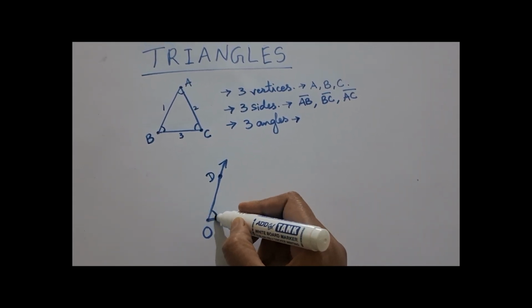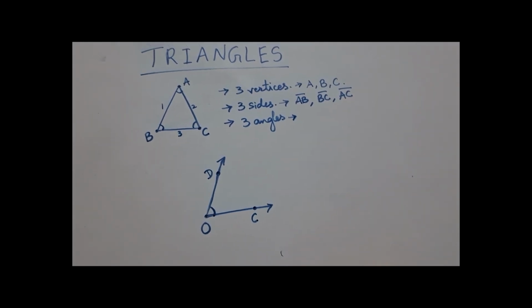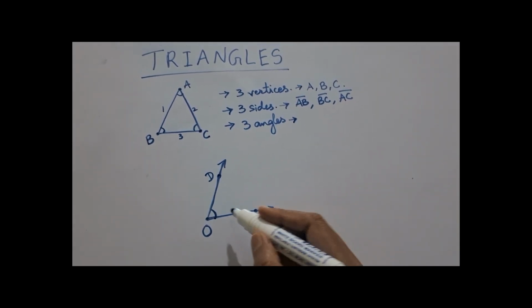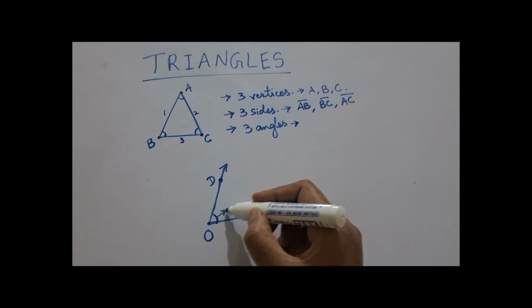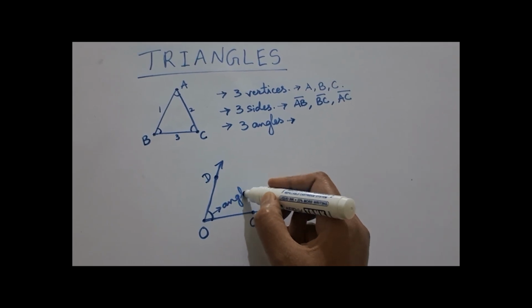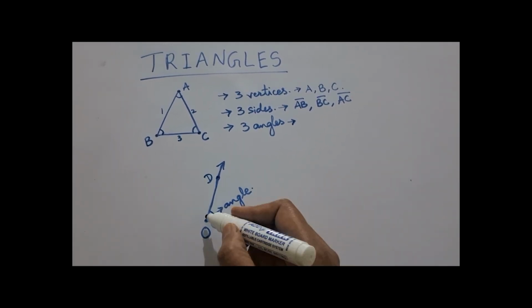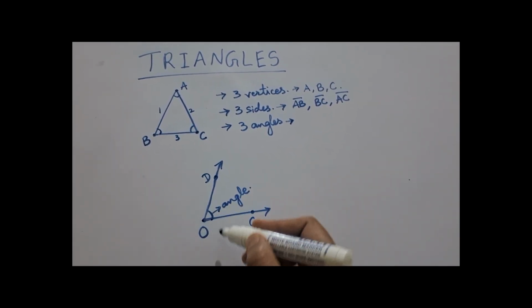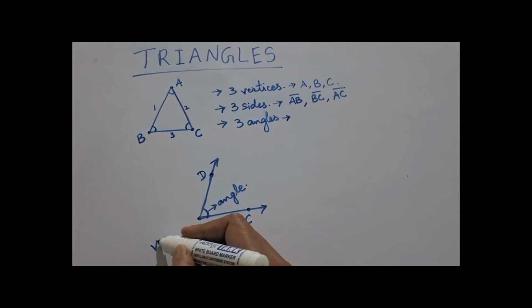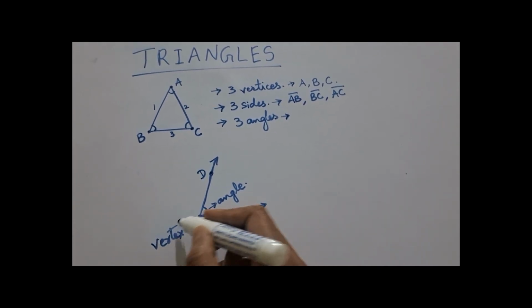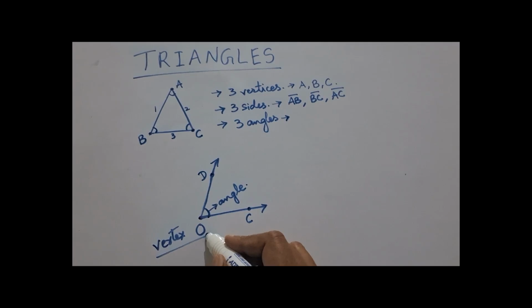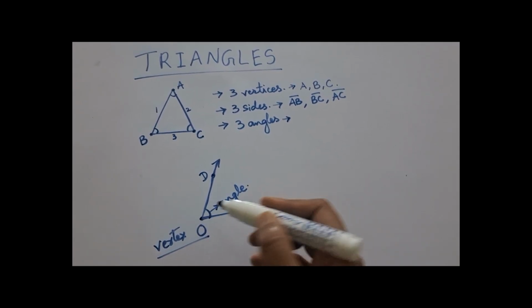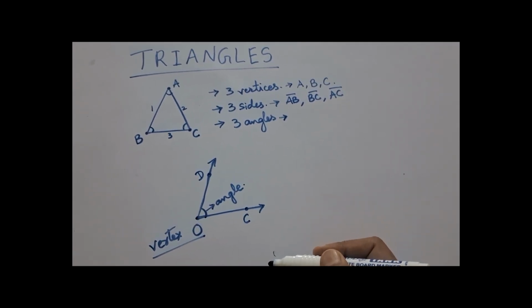Here it is. This is an angle. And this point is called the vertex. What is the vertex in this angle? O. O is the vertex of this angle.